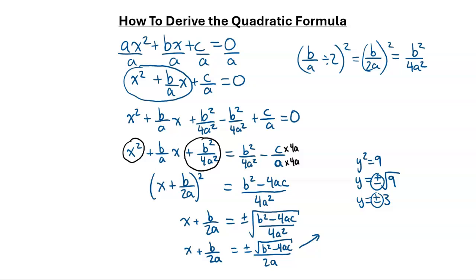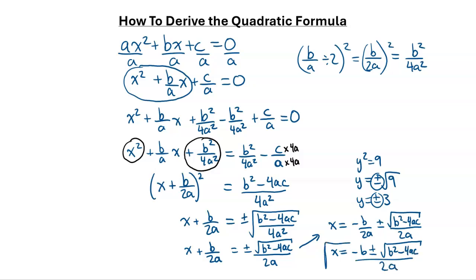I subtract b over 2a from both sides, and I get negative b over 2a plus or minus the square root of b squared minus 4ac all over 2a. And now I can write that as a common denominator. Negative b plus or minus the square root of b squared minus 4ac all over 2a. And that is how we get to the quadratic formula.